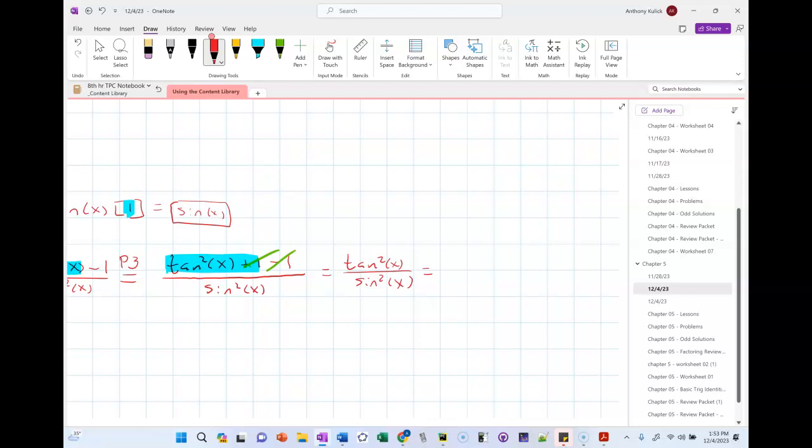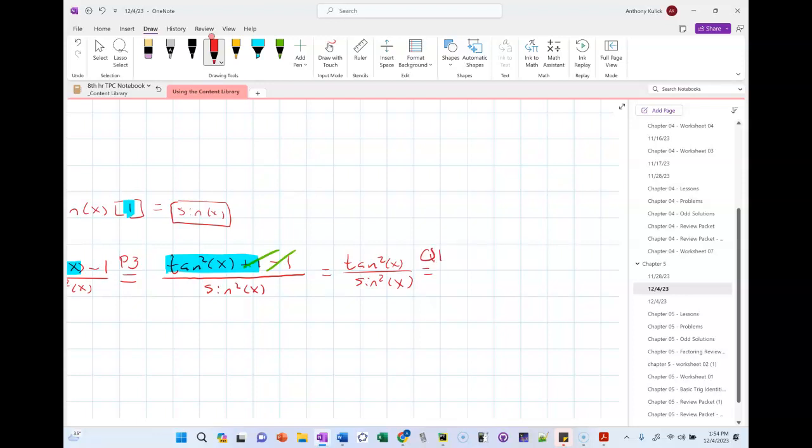The answer is yes. But tangent squared, okay, let's say if tangent equals sine over cosine, tangent squared is going to be sine squared over cosine squared, right? Everybody's okay with that?